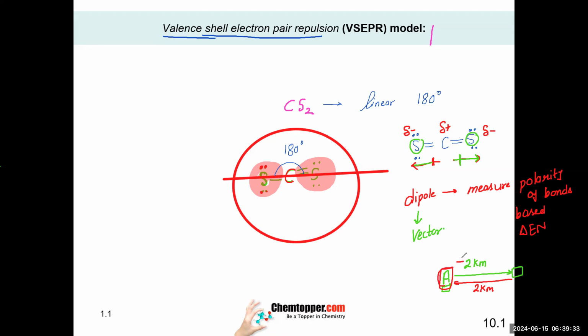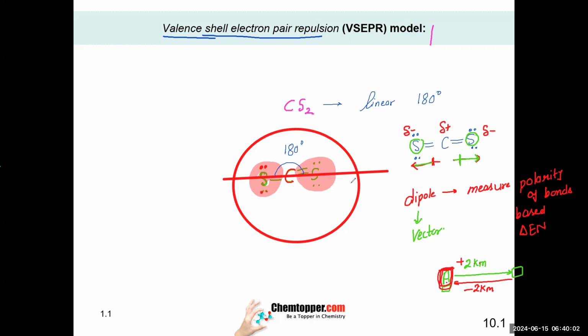Zero, because this is +2, this is -2. It's a vector quantity, displacement. But how much distance did you travel, Ananya? Or you will say, oh, you made me walk 4 kilometers for nothing. Distance is not a vector quantity, it's a scalar quantity. So distance traveled by Ananya is 4 kilometers, but her displacement is 0 because she's back to the original position.